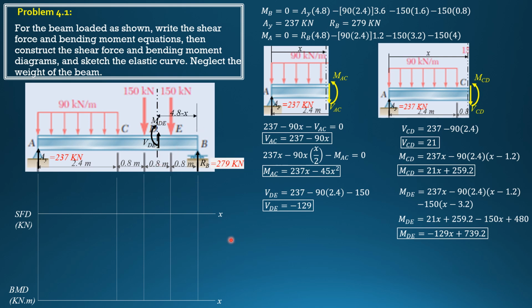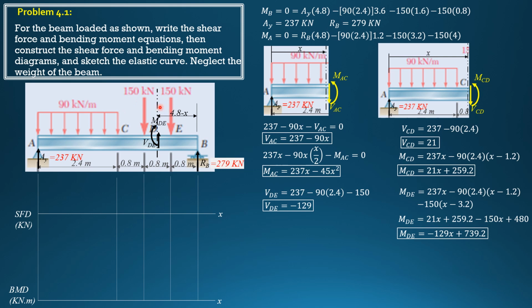It will give us the same result. So therefore, this is 4.8 minus x because the distance from A to that section is x. The length of the beam is 4.8. So this distance is 4.8 minus x. So if this is x also, the distance of this 150 kilonewton load from this section, because its distance from the left is 4, is 4 minus x.